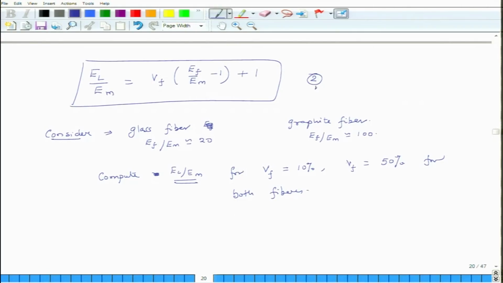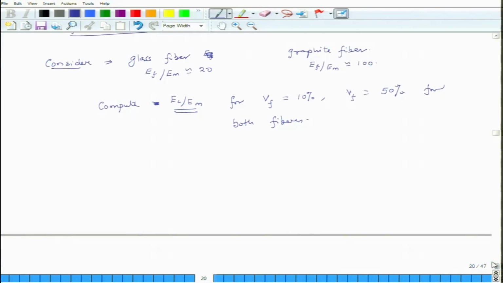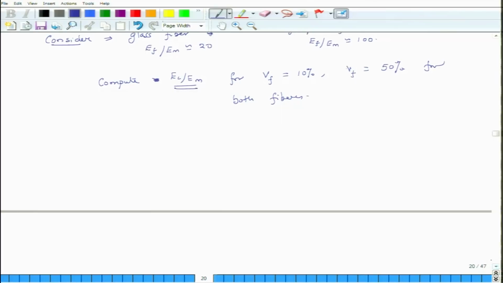Okay. So, how do we do this? We actually just use this equation 2 directly. We plug in EF over EM for glass as 20, and VF as 10% or 50%, and we can compute EL over EM. So, we will just make a table. So, for glass and we have graphite.